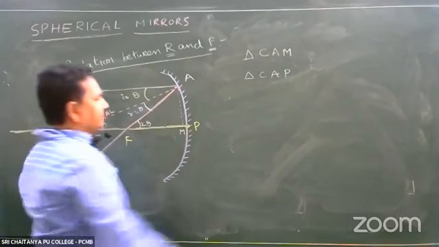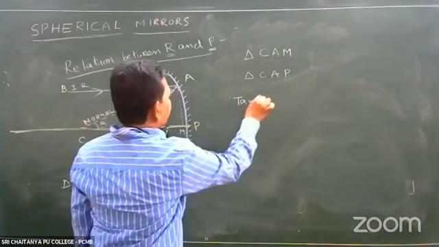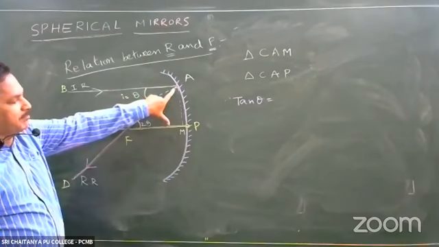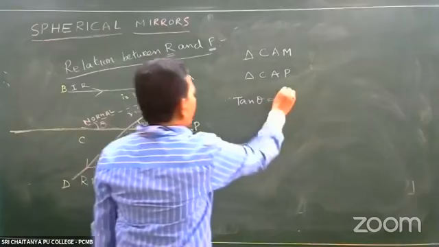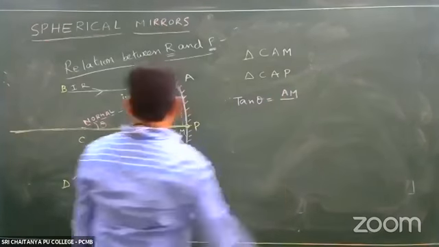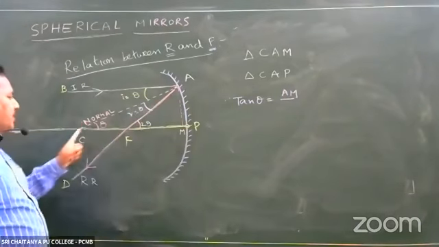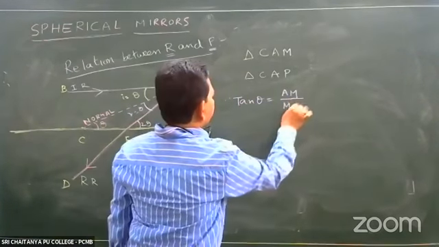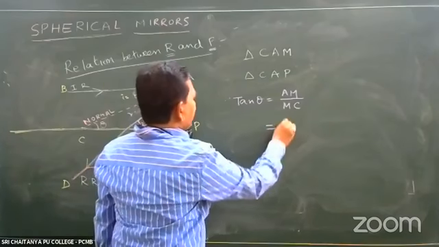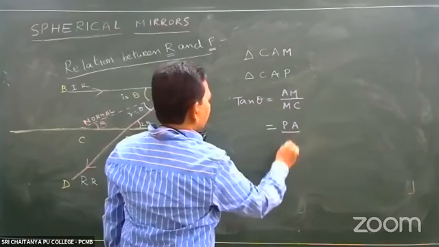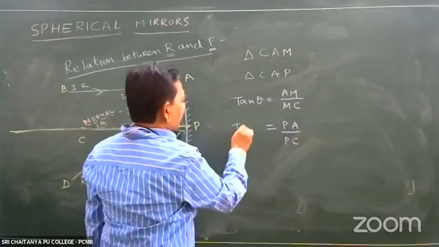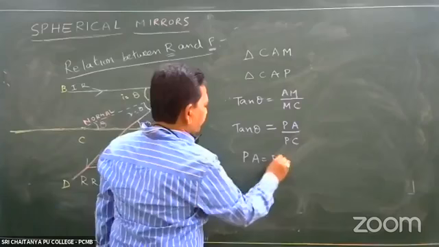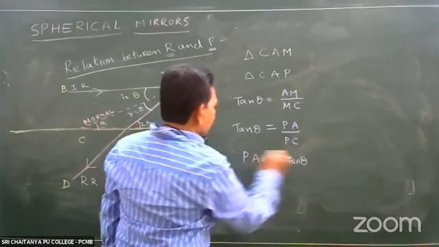Write down tan theta. Tan theta means opposite side by adjacent side. Opposite side is AM, by adjacent side, which is nothing but M to C. But M is replaced by P because P and M coincide.